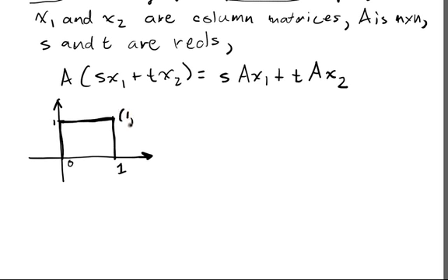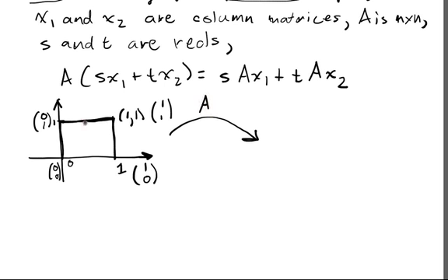So this is the point 1, 1. And we ask, well, if I transformed all these points, if I took this 1, 1 as a column vector, and this column vector 0, 1, this column vector 0, 0, and this column vector 1, 0. Well, what if I hit each of these guys with A? Well, what am I going to get?